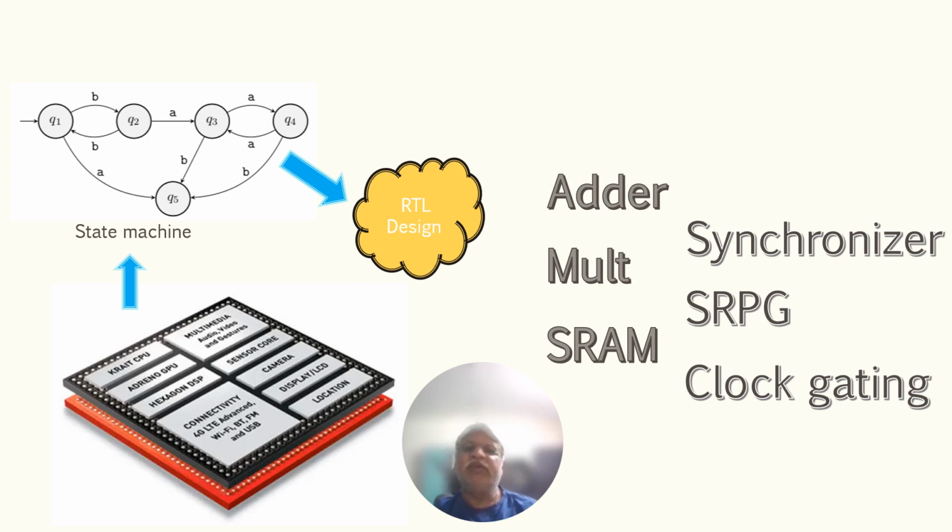Then you don't need to mention a specific cell name. Instead you can mention one generic name for the SRPG, and later during synthesis map it to the associated one based on the specific technology of concern, because the ports and everything should be matching.